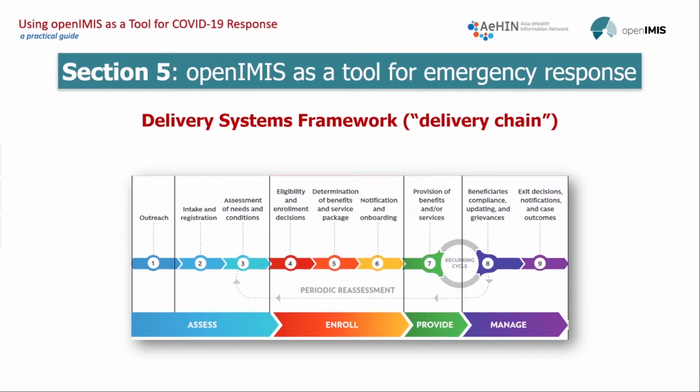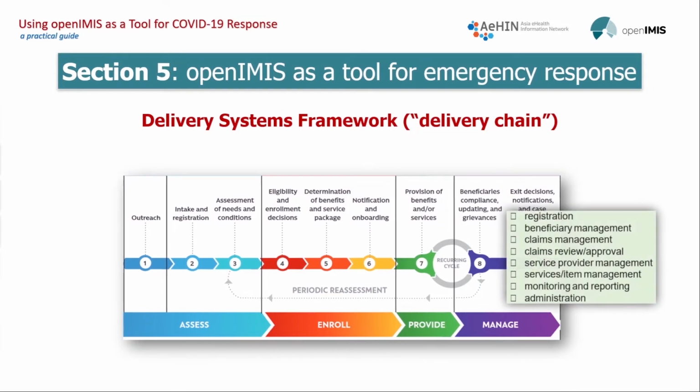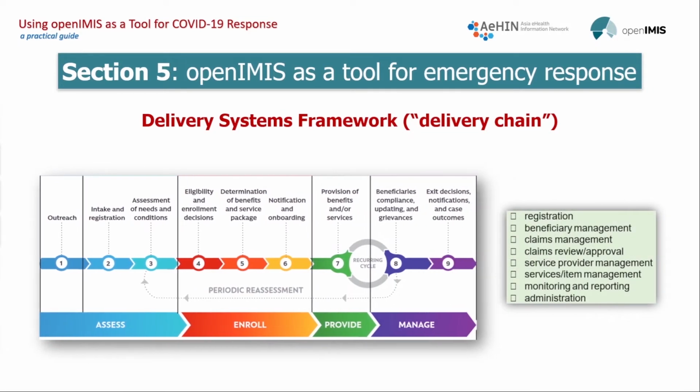We will also integrate these 9 phases with specific functionalities of openIMIS, as outlined in Section 1, that can aid in each specific phase. Aside from discussing the framework and its components, and openIMIS functionalities and its components, this section will also require you to answer specific guide questions.